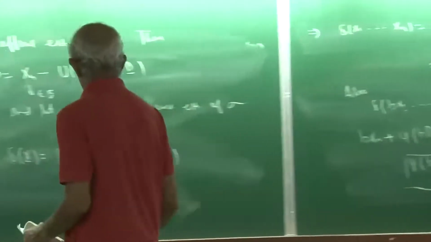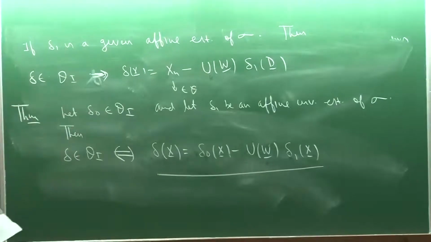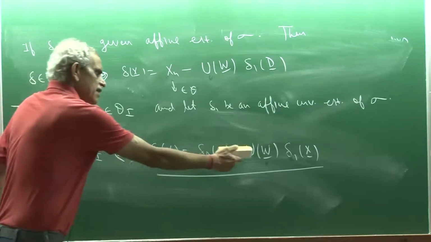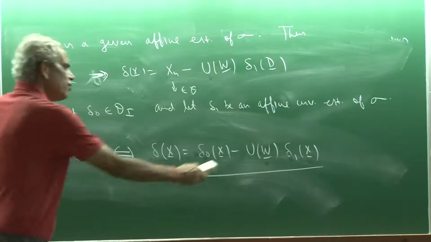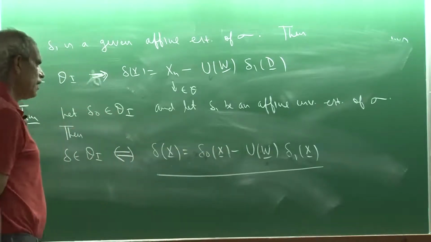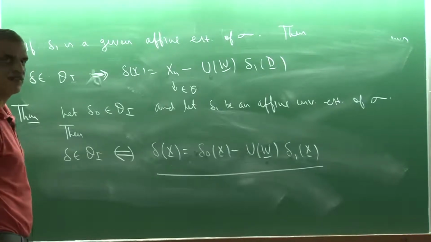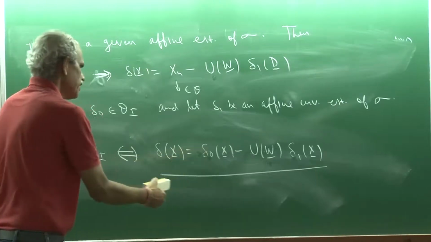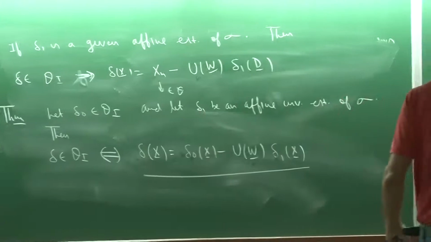To show that any invariant estimator would be of this type, you have to only find uw. Delta naught and delta 1 are given. So I take uw to be delta naught minus delta upon delta 1. And then you can show that delta naught minus delta upon delta 1 only depends on w. So let's complete the proof.